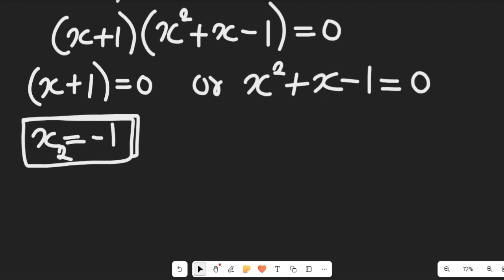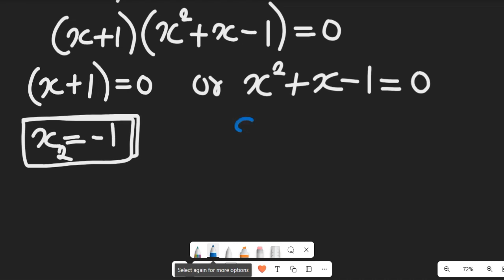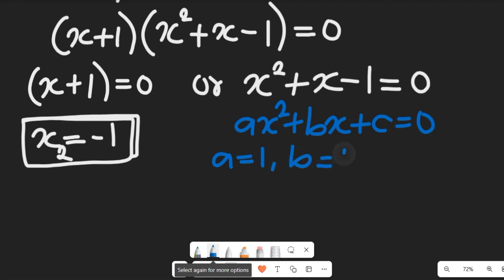Now if I use the quadratic formula, comparing these to ax squared plus bx, right, plus c equal to 0, from here my a is equal to 1, my b is equal to 1, and my c is equal to -1.